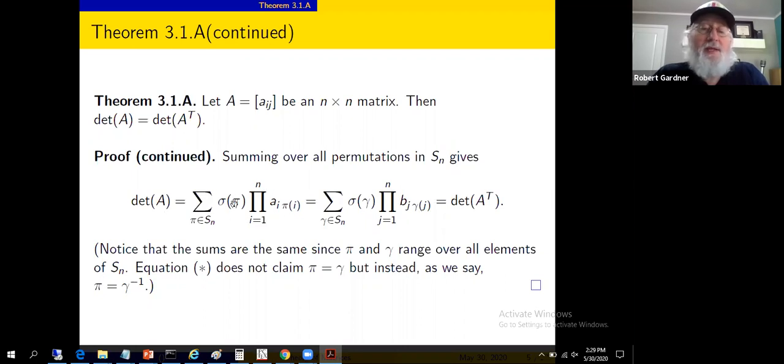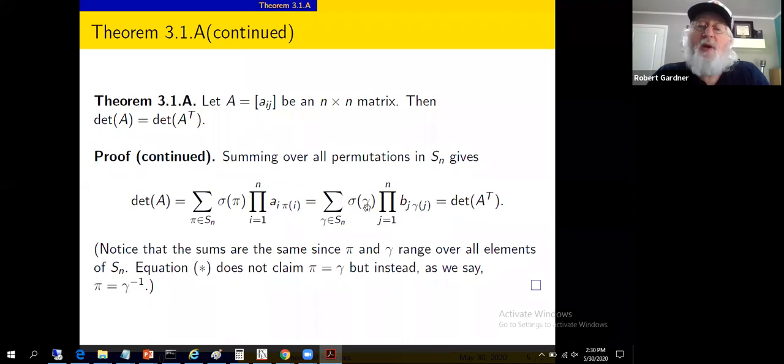But we just saw we can take this sigma of pi stuff and write it in terms of sigma of gamma and in terms of the b's, b sub j, gamma of j. Here we've got precisely the same type of thing. This is our definition of the determinant of a matrix: a sum over permutations, sigma of that permutation, times the product of entry i, permutation of i. It's the same thing, except for the permutation sigma.